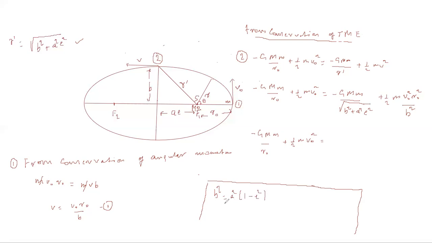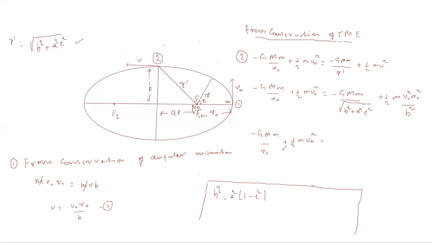This is simple mathematics. It is a property of ellipse. E is the eccentricity, A is the semi-major axis, and B is the semi-minor axis.